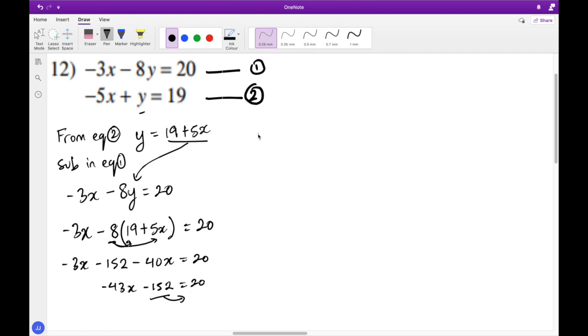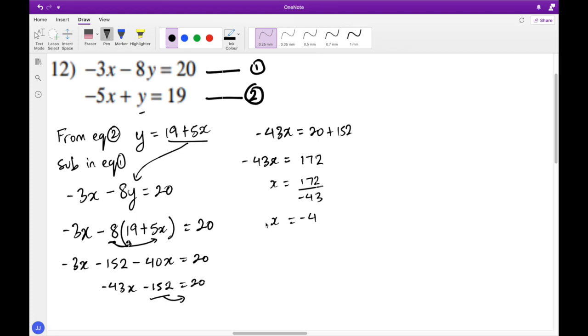Negative 43x is equal to 20 plus 152, which is 172, of course, and therefore x is equal to 172 divided by negative 43, and that gives us negative 4. That seems like a pretty cool answer.